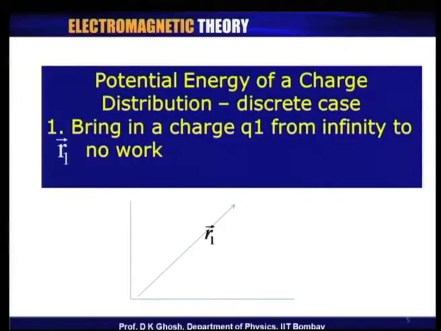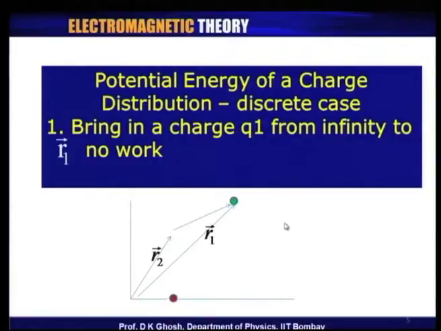The situation changes when I bring in a second charge. Suppose I brought in a first charge which is at the position r 1, and now I want to bring in a second charge. This second charge will be placed here, with respect to an arbitrary origin. The first charge is at r 1, and this will be placed there.